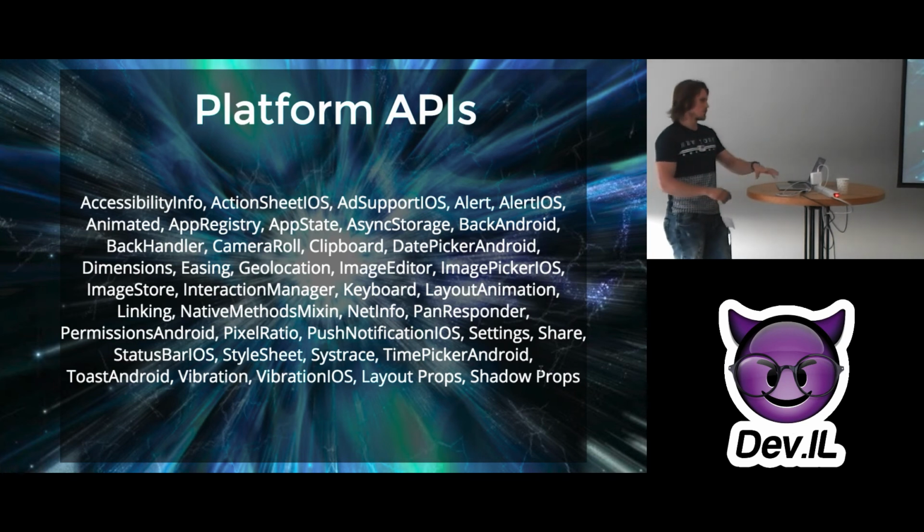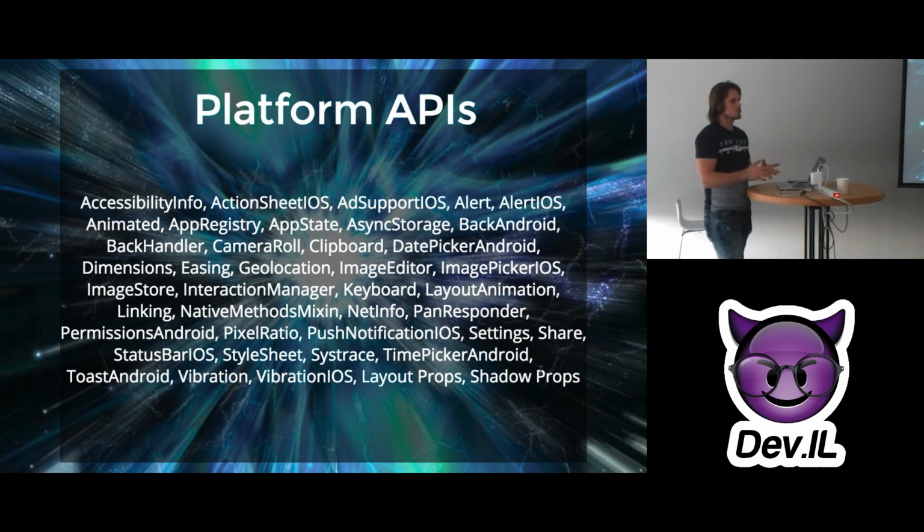You have camera roll and image pickers and vibration and lots of stuff. Of course, it's much less than what the actual device gives you, but for that you can extend your modules to access other native modules.